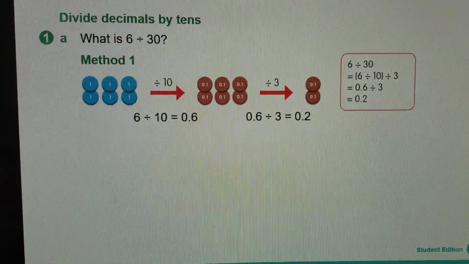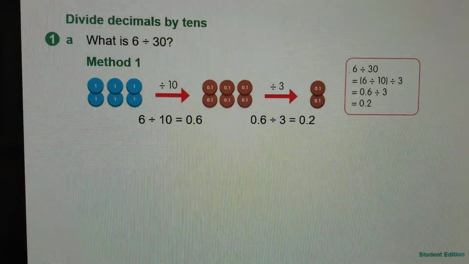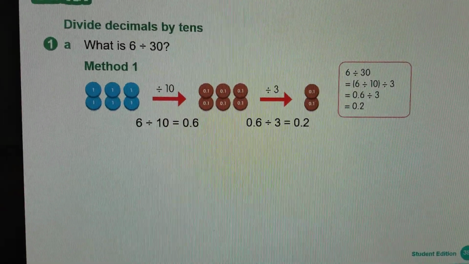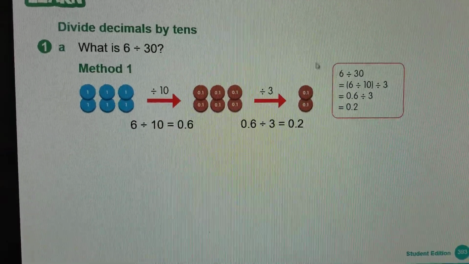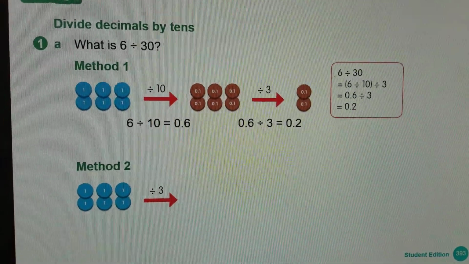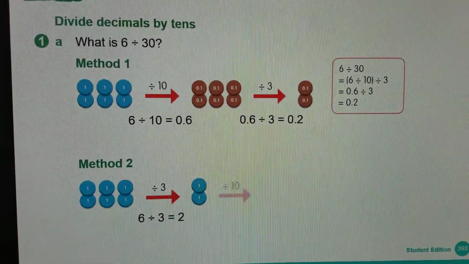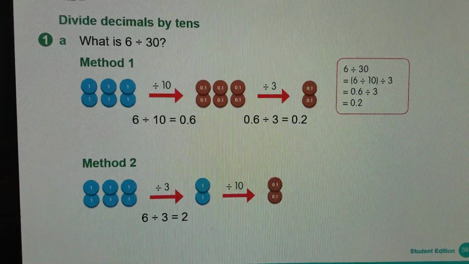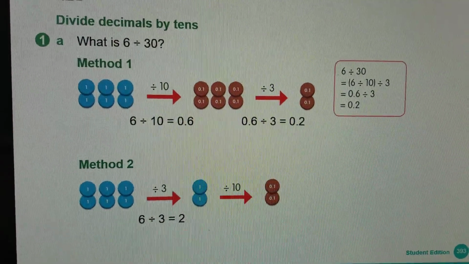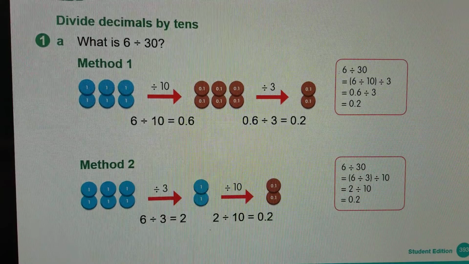So technically 6 divided by 30 is first 6 divided by 10, then divided by 3. So if you look over here, this is basically overall what we're doing, okay? In the other method, they first divide by the 3 and then divide by the 10, which works too. So first I did 6 divided by 3 is 2, and then divide that by 10 is 2 tenths. I prefer the first way, but they both work.